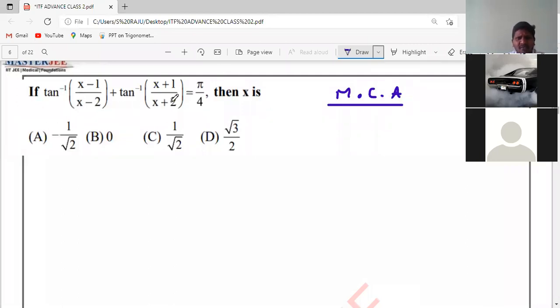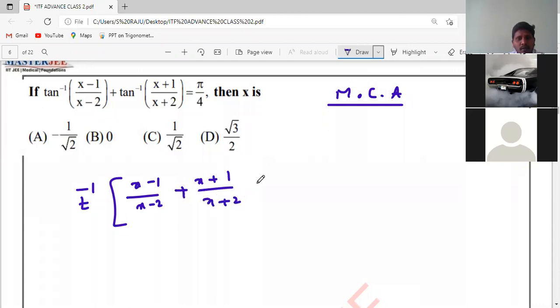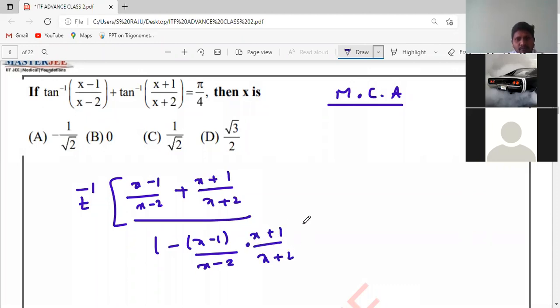Simple question. Tan inverse x plus tan inverse y. So tan inverse x plus tan inverse y is tan inverse of x minus 1 by x minus 2 plus x plus 1 by x plus 2, by 1 minus x minus 1 by x minus 2 times x plus 1 by x plus 2, is equal to 5 by 4.